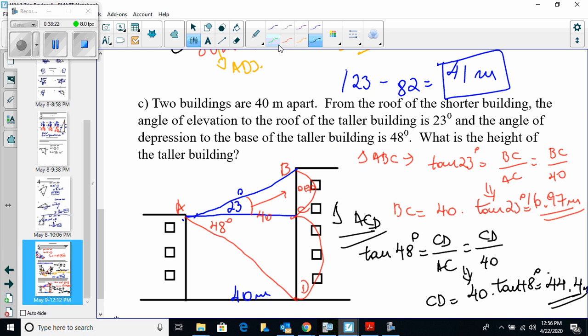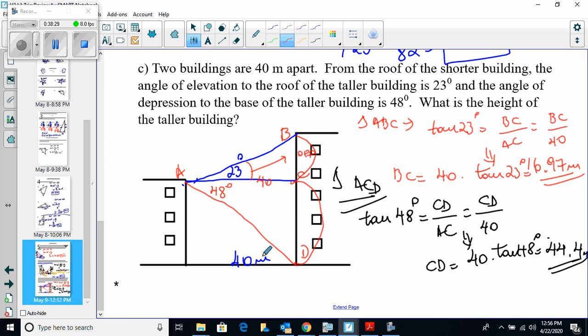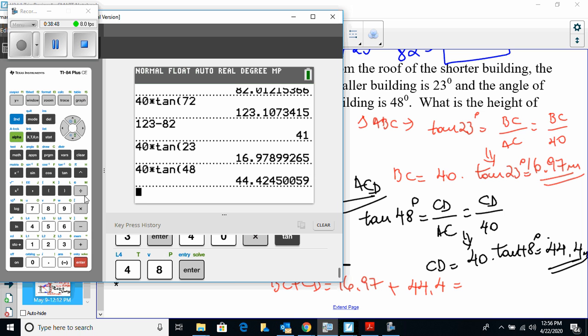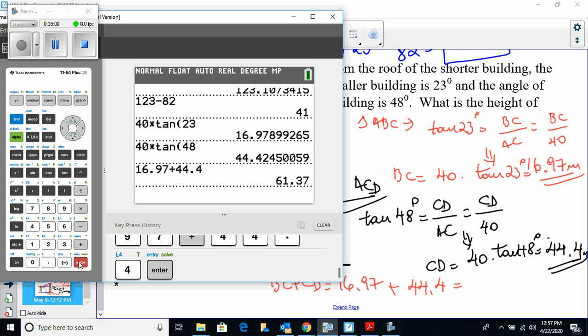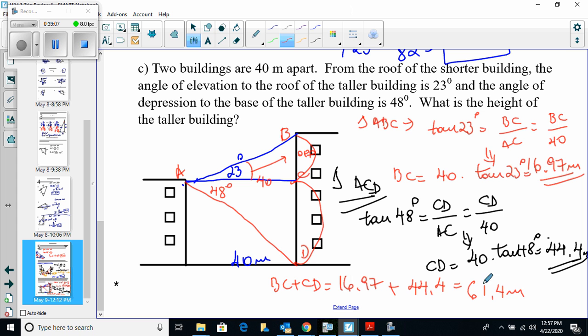Now the height of the tallest building, as we said, will be BC plus CD, which is 16.97 plus 44.4, and again using the calculator, equal to 61.4 meters.